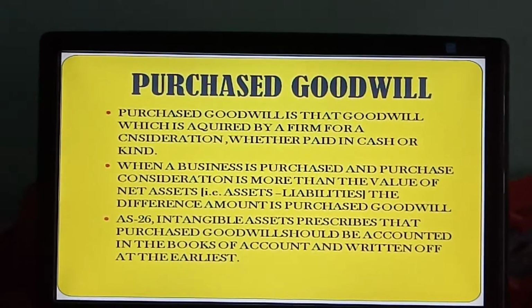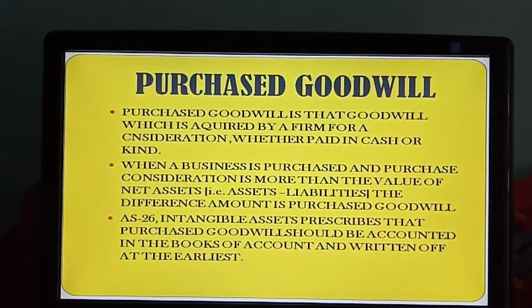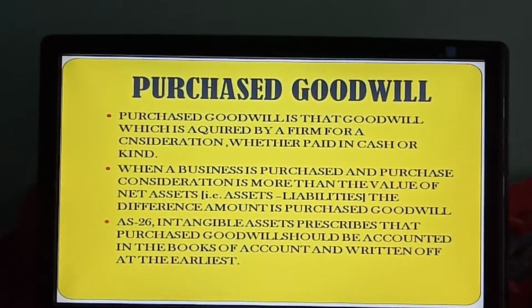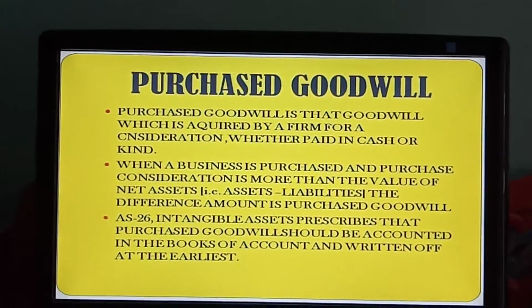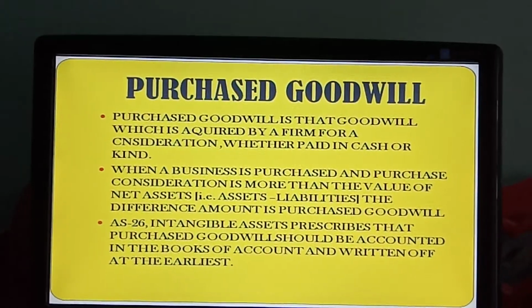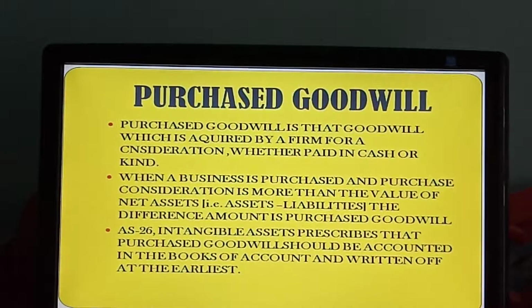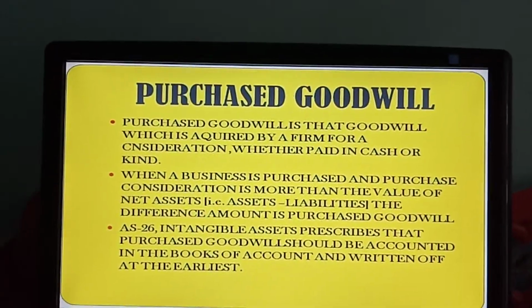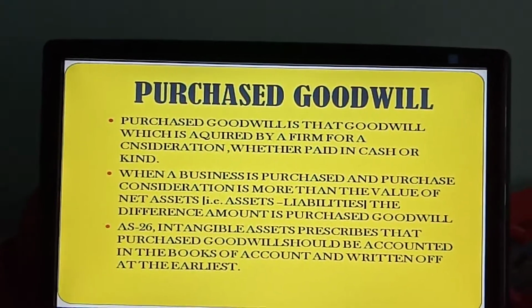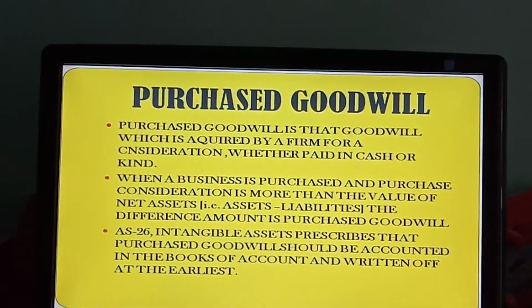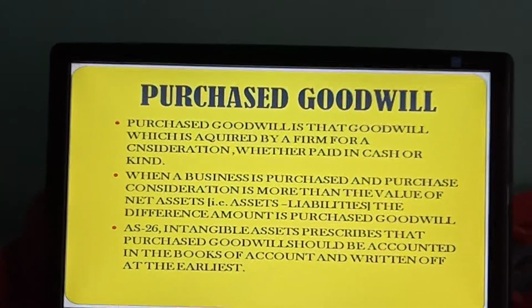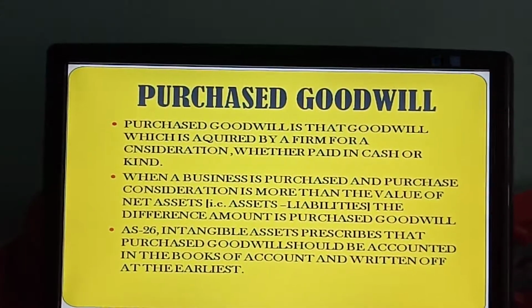The next one, since the consideration is paid for it, it is also recorded in the books of accounts as stated by Accounting Standard 26 of intangible assets. Once it is recorded, another feature arises, that it is shown in the balance sheet as an asset.